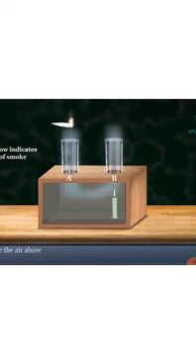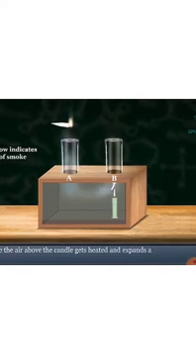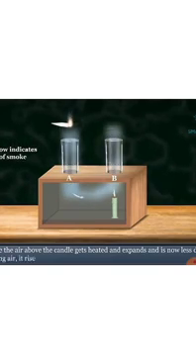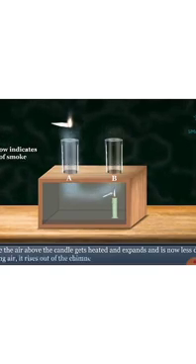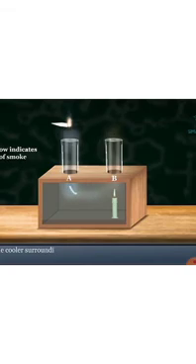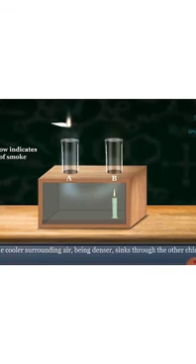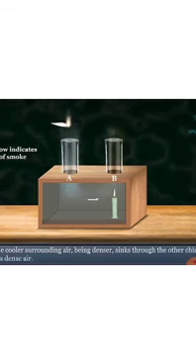This is because the air above the candle gets heated and expands and is now less dense than the surrounding air. It rises out of the chimney. In doing so, the cooler surrounding air, being denser, sinks through the other chimney to replace the less dense air.